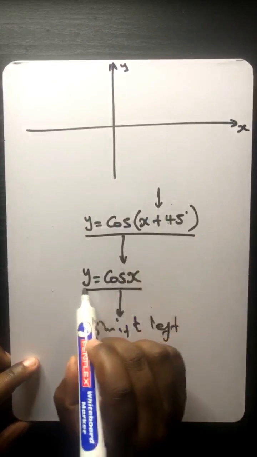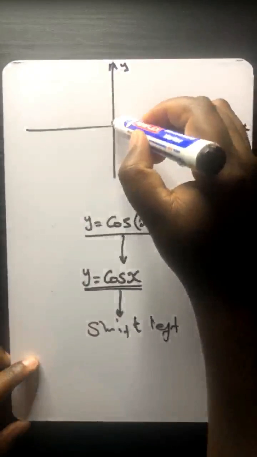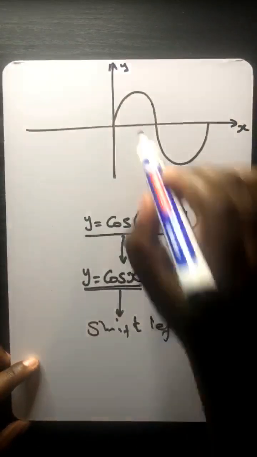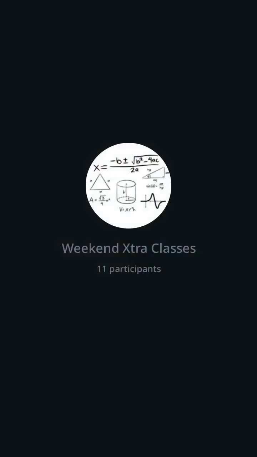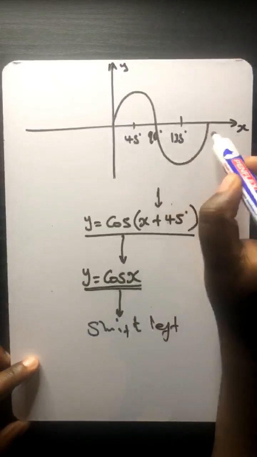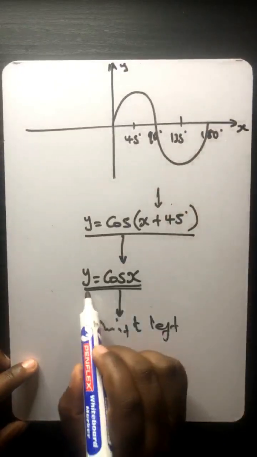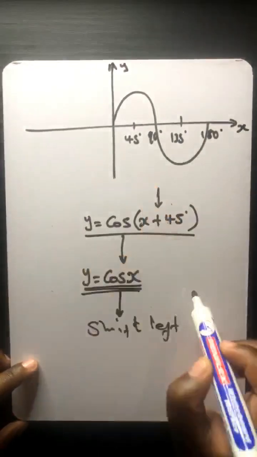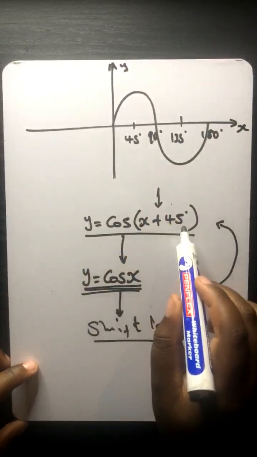So when you sketch y equals cos x, let's say it does that. Here this is 45, there it is 90, here 135, and then here you have 180. For you to sketch the shifted function, you just shift it by 45 to the left.